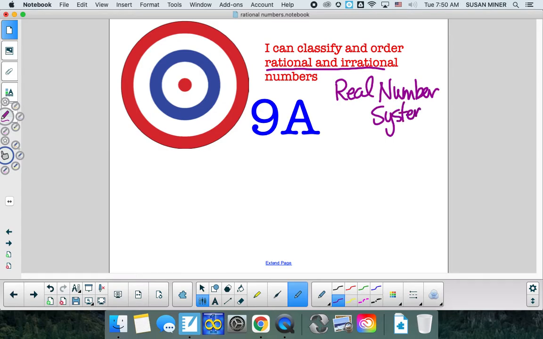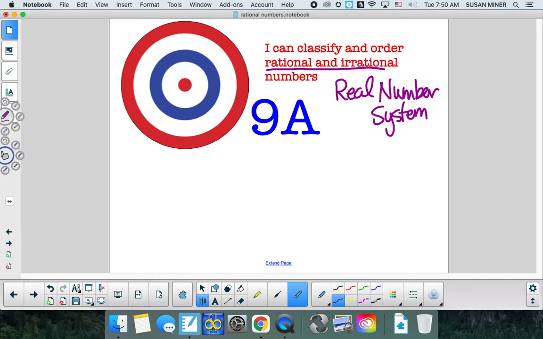That is the number system that we use in our world, in the United States, in our classroom. The real number system, it sounds made up, but it is not. Okay, it is the number system that we normally use. And we're going to kind of talk about today that number system.